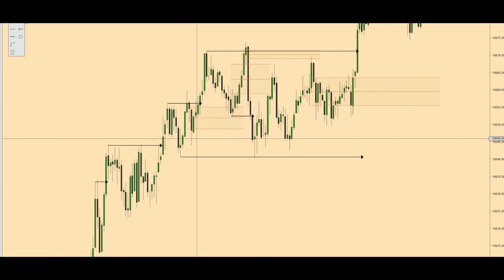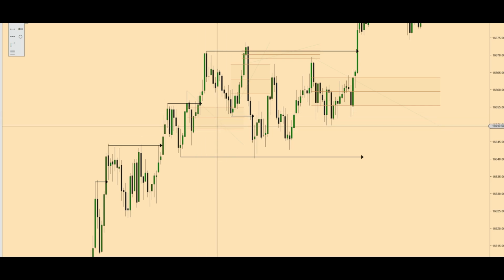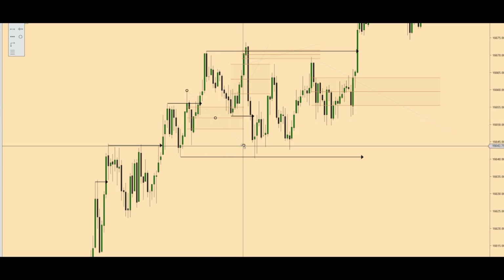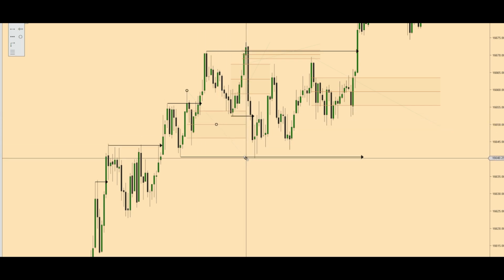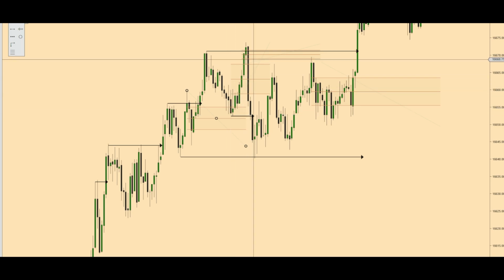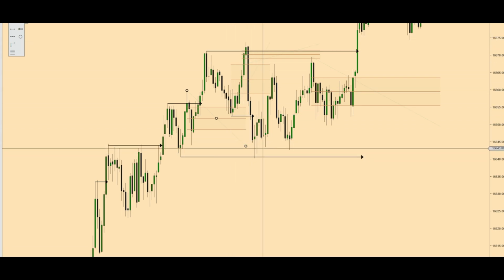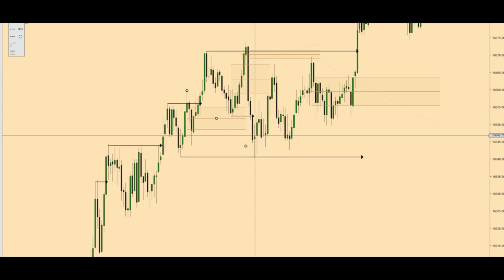Also, while we were still trending, we had this not so clean SNDR, but I had the whole zone marked. There was a candlestick structure shift in here, and then we came down here and put in that double bottom for another long trade. That was a nice trade as well.